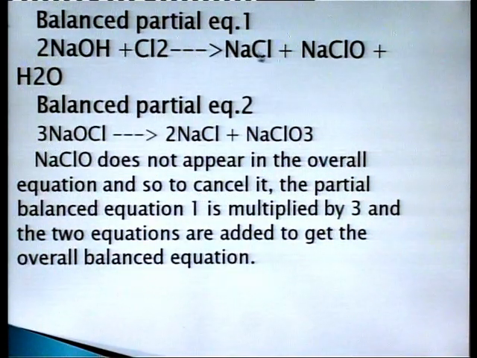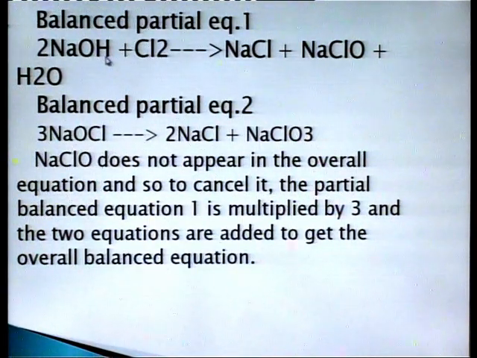So let us balance sodium. This side, that is the product side, contains 2 sodium atoms. So multiply the reactant side by 2 so as to get 2Na. Similarly, if we see chlorine, here is 1 chlorine plus 1 chlorine. That means 2 chlorine atoms have been balanced.